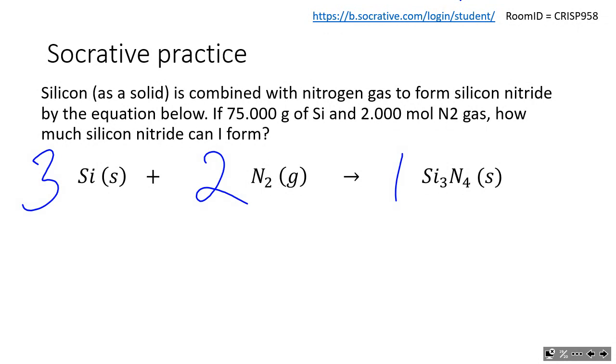I can just use this molar ratio here with grams of silicon, right? No, I cannot use it with grams. What do I have to do to that gram amount? All right, so let's do that first. How do I do that? All the stuff from exam 1 is still going to come back to haunt you.